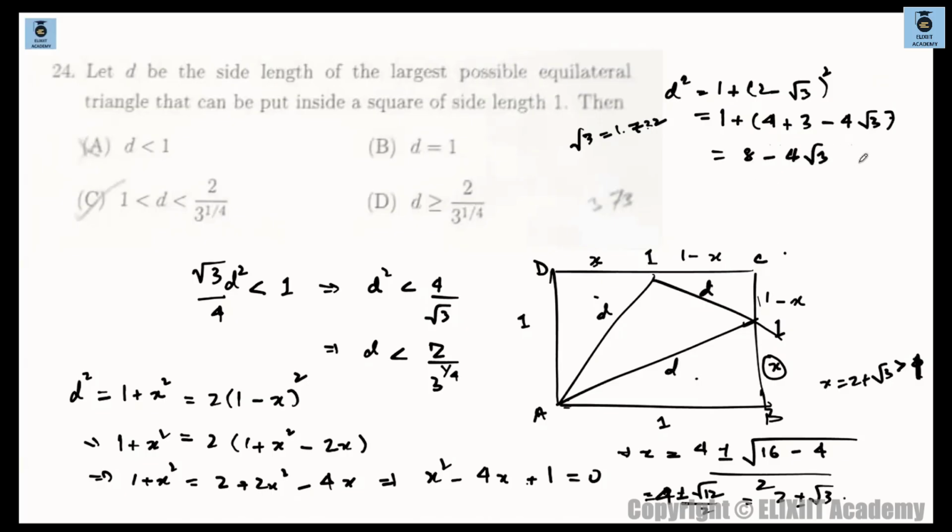And 8 minus 4 root 3 is definitely more than 1, because root 3 is approximately 1.732. So 4 times this is approximately 6.92, and 8 minus 6.92 is approximately 1.072. This is definitely more than 1. Option C must be correct.